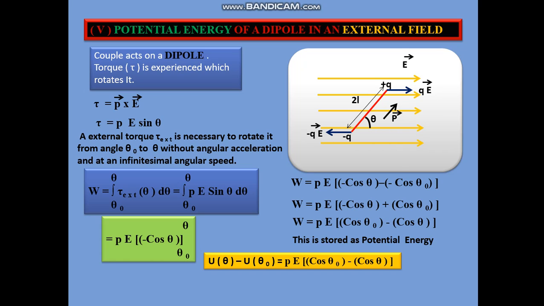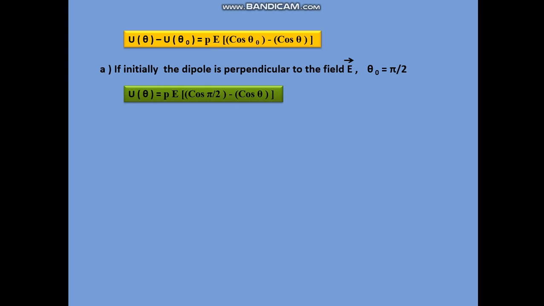U(theta) minus U(theta naught) is equal to pE of cos theta naught minus cos theta, where U(theta naught) is known as a zero potential. Now let us take the equation again. U(theta) minus U(theta naught) is equal to pE of cos theta naught minus cos theta. Now we substitute theta naught is equal to pi by 2 when the dipole is perpendicular to the field. So we get U(theta) is equal to pE of cos pi by 2 minus cos theta.